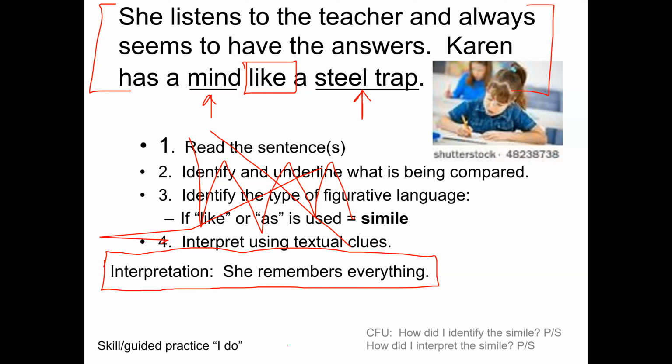So let's do a grammar exercise. Exercise number 1.